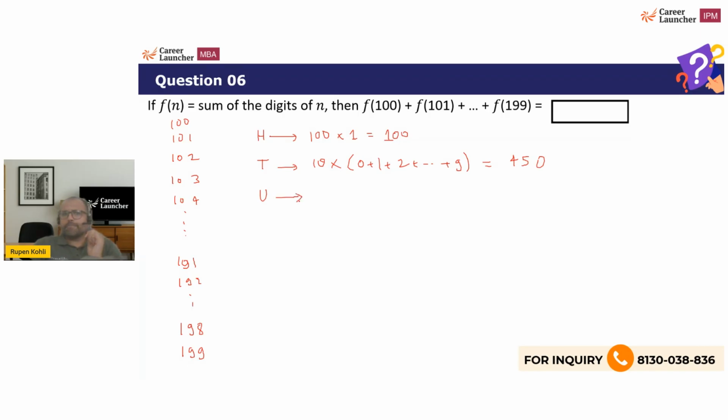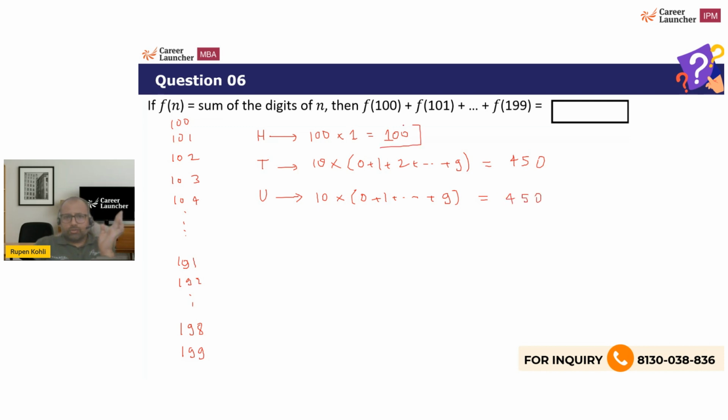I think the same story is going to be there for the units place digit as well. The order is different, but still 0 will occur 10 times at 100, 110, 120 and so on. 1 will appear also 10 times at 101, 111, 121 and so on. So 10 times each of the digits is going to occur. Again the same thing, 450.